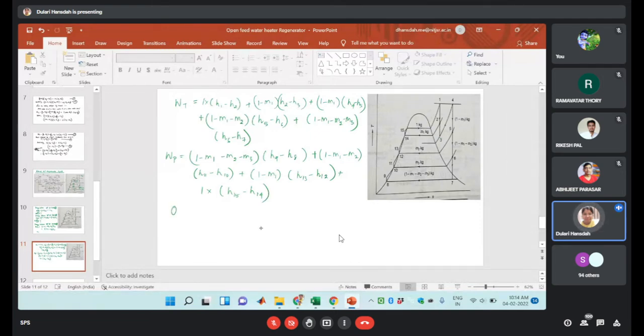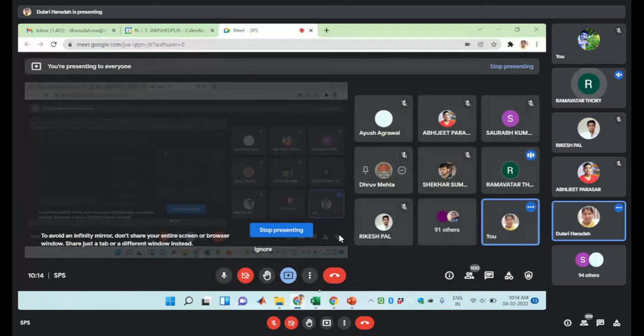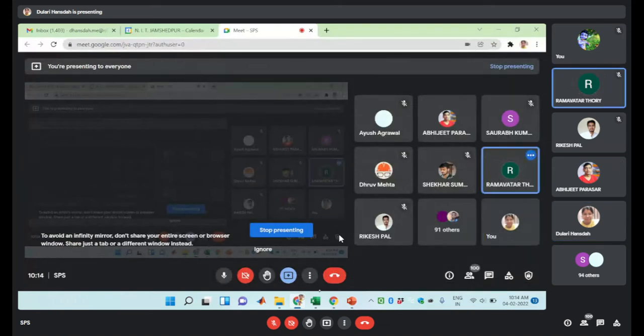So similarly, we can get the heat addition. Can anyone tell me what will be the heat addition in this case? H1 minus H15. Yes, ma'am.